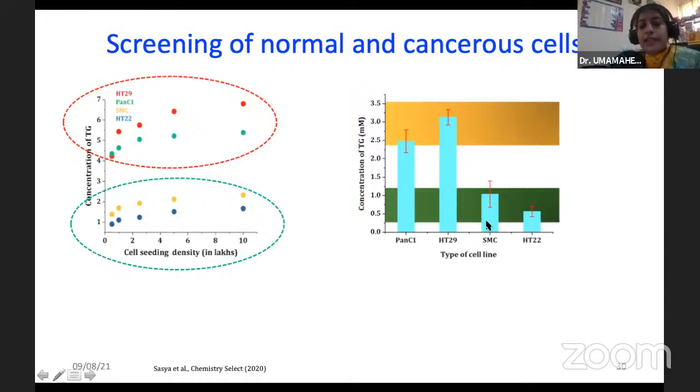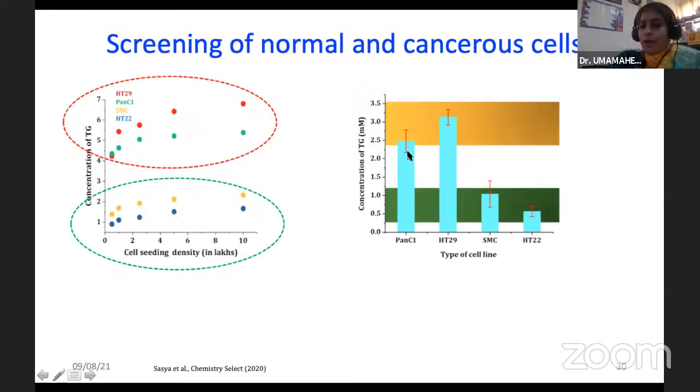Now, what is significant here is, if you are looking at the smooth muscle cells, they tend to grow very fast. They are highly fast proliferating cells when compared to the brain cells. However, if you are looking at the triglyceride levels, we could see that there is hardly any difference in the amount of triglycerides.